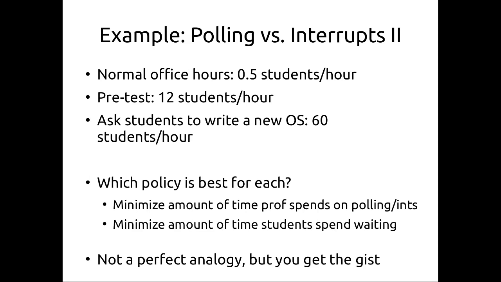So during normal office hours, I have half a student an hour. I think that is woefully optimistic. I think that usually there are not that many. Before a test, however, I might get many more students, so 12 students an hour, right? But then, there's that time when I just decided that everybody should just write an operating system from scratch.